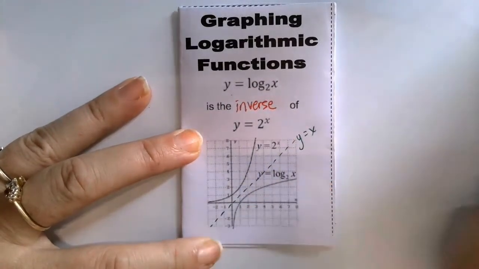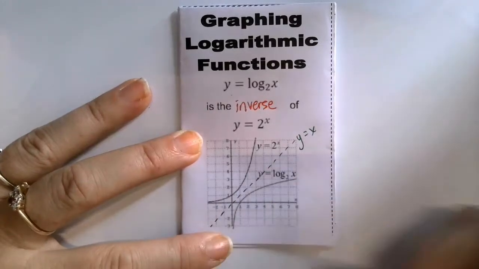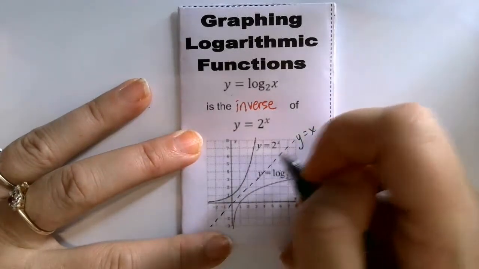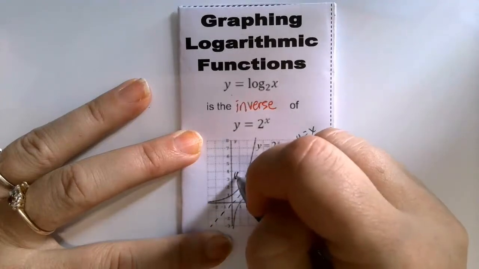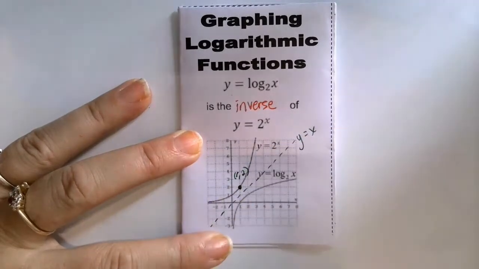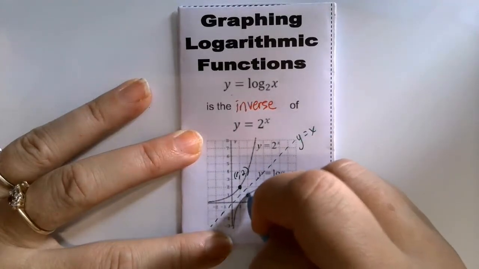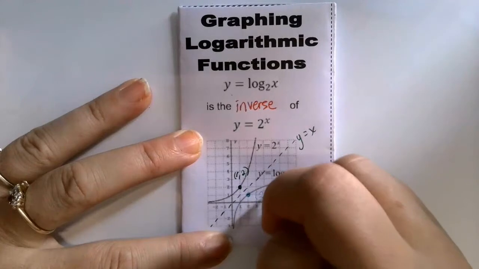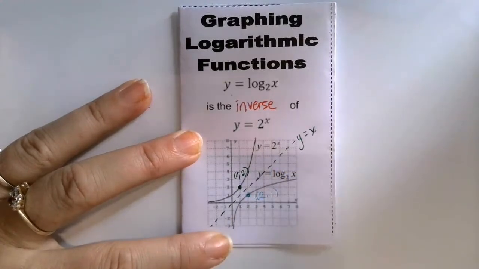As we reviewed in that math lab, any point on the exponential function y equals 2 to the x, for example this anchor point 1, 2, if I reflect that over the line y equals x, then on the inverse the corresponding point switches the x and y coordinate and becomes 2, 1.